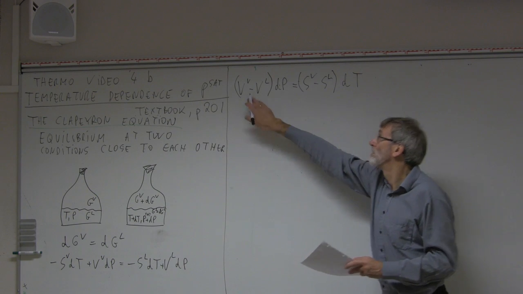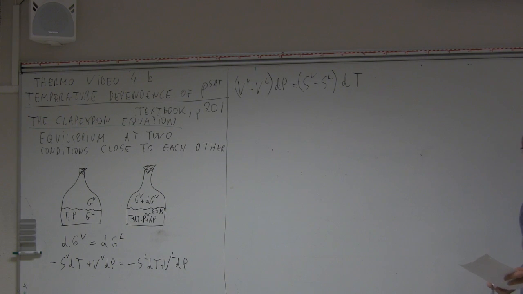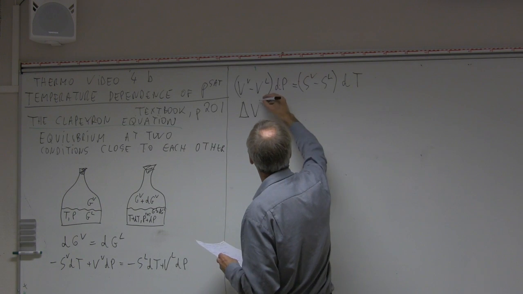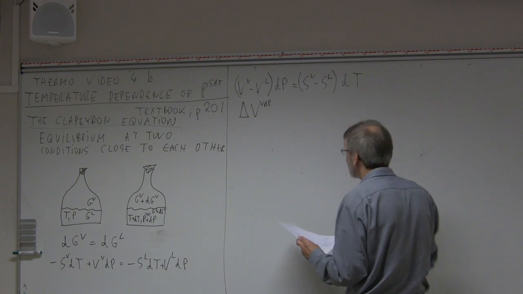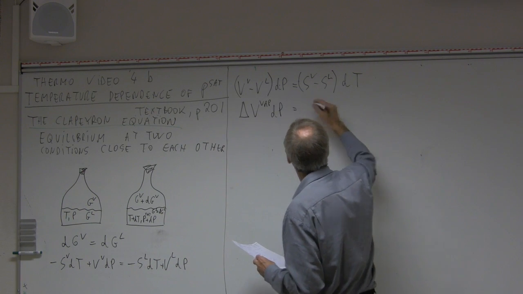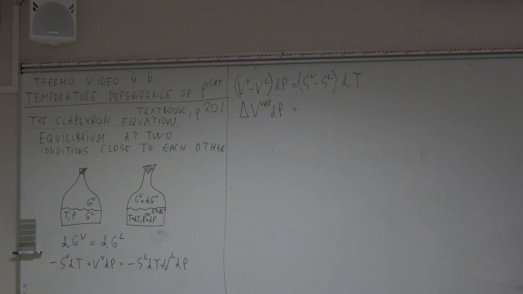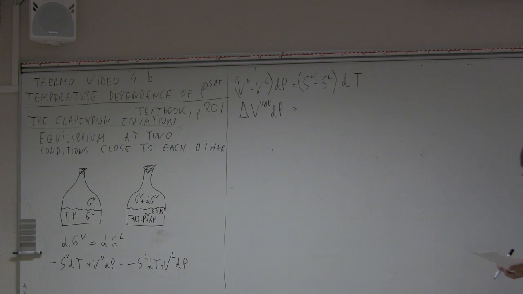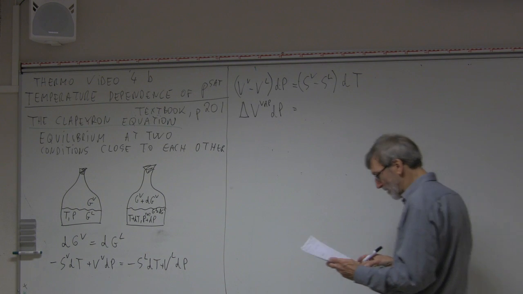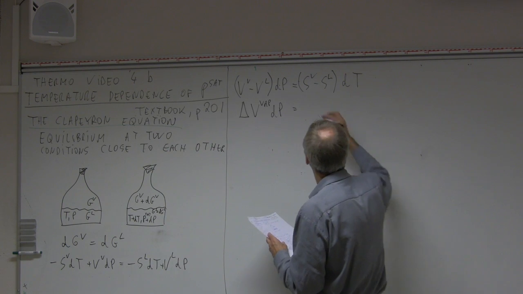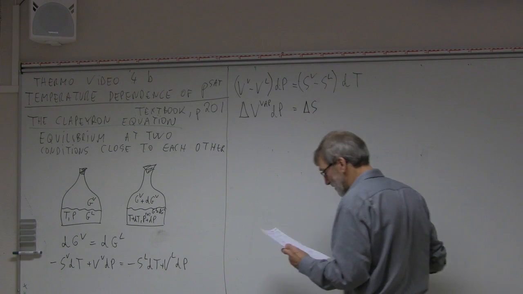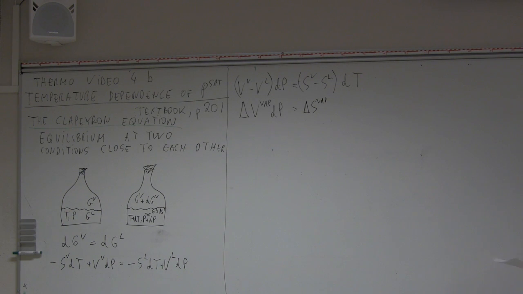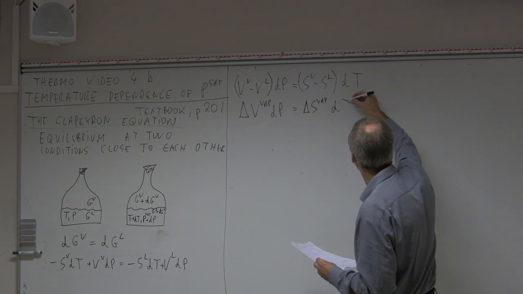This is the volume change of vaporization. So this is delta V of vaporization. The change in entropy from liquid to vapor must be the change of entropy, delta S of vaporization.